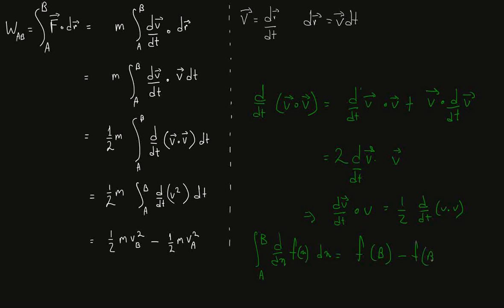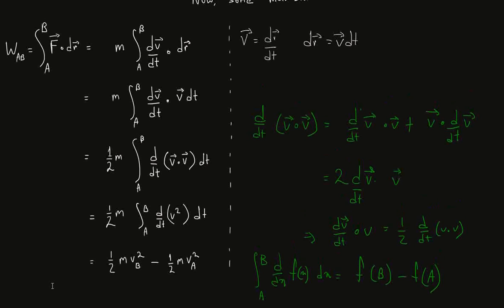This is called the fundamental theorem of calculus, or I guess one of the fundamental theorems of calculus. In other words, from this expression you just get v_b squared minus v_a squared. So you get half m v_b squared minus half m v_a squared.